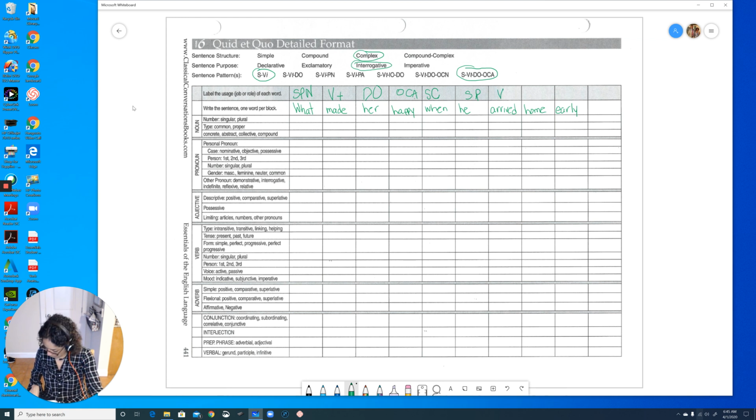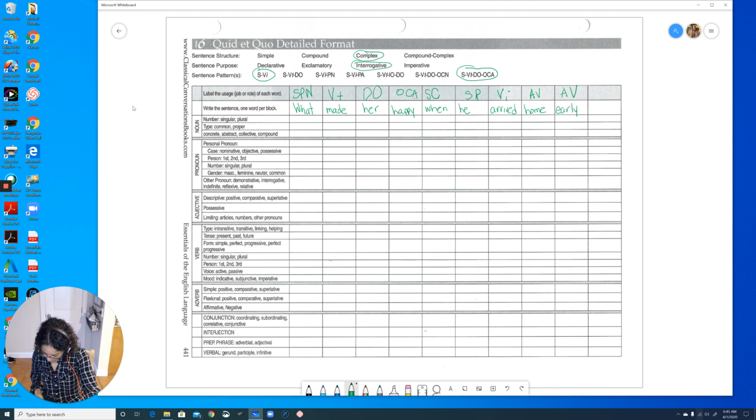So that's our verb. He arrived where? He arrived home. It's telling us where. So that becomes our adverb. He arrived home when? Early. So we're answering the question of when and where. So these are both adverbs. And we have an intransitive verb here, no direct object. Okay?